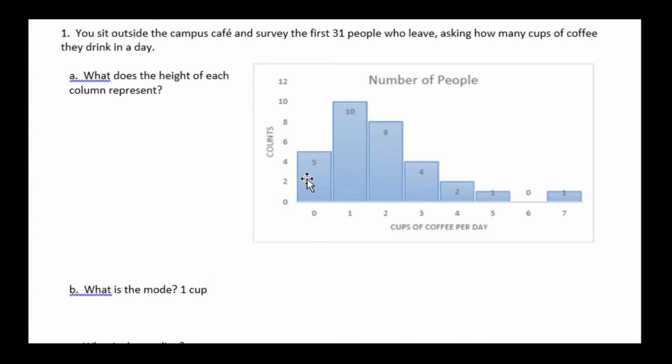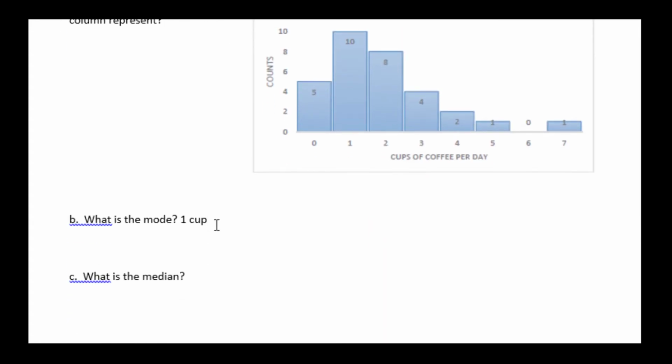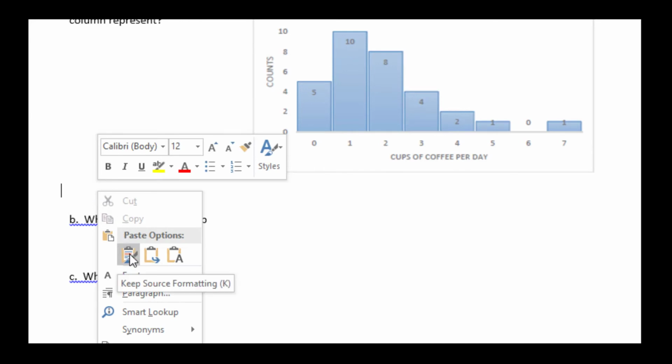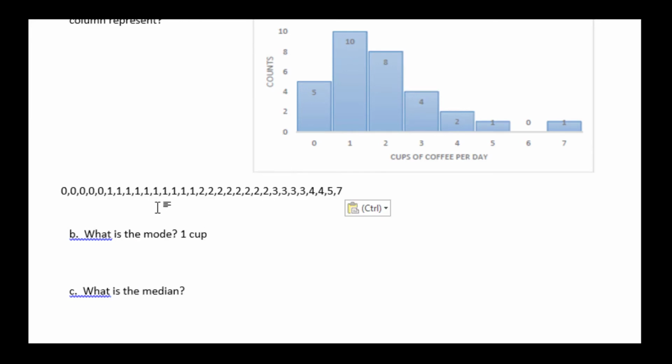Now the median, let's drag this up a little bit more. The median here is the one in the middle. I actually messed this up the first time I did it, but I want to display the data to show this. So here is basically the data, right? 5 people drank 0 cups, 10 people drank 1 cup.